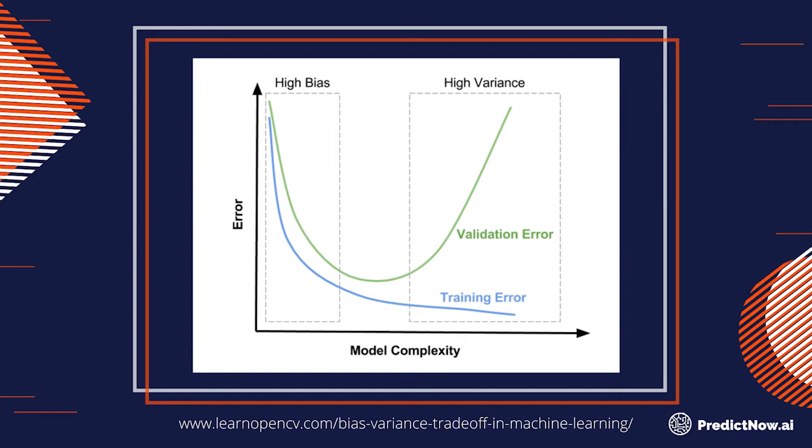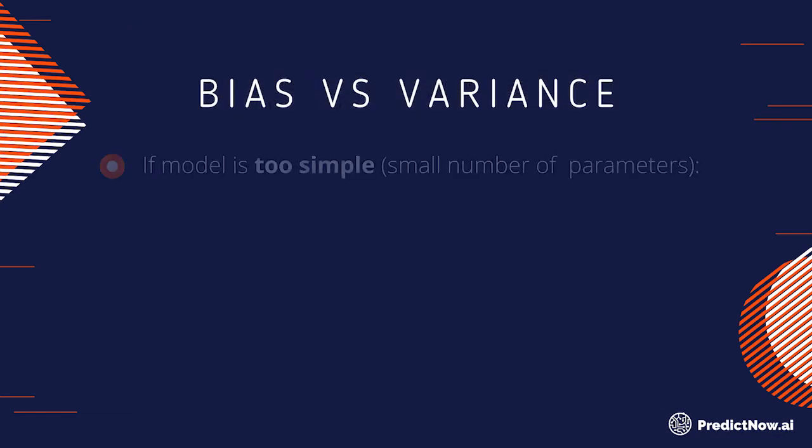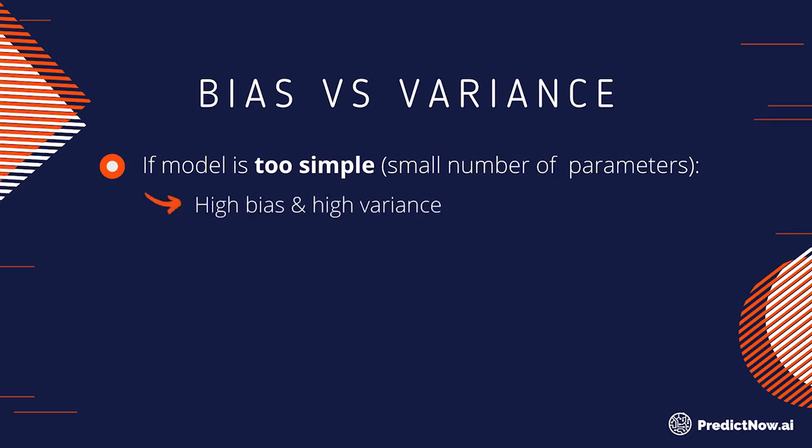That's why we avoid linear model as well, because in linear model, both bias and variance can be high. The model is too simple to capture the interaction between the features and the target variable. So when you have a too simple model with too few parameters, you can have both high bias and high variance.